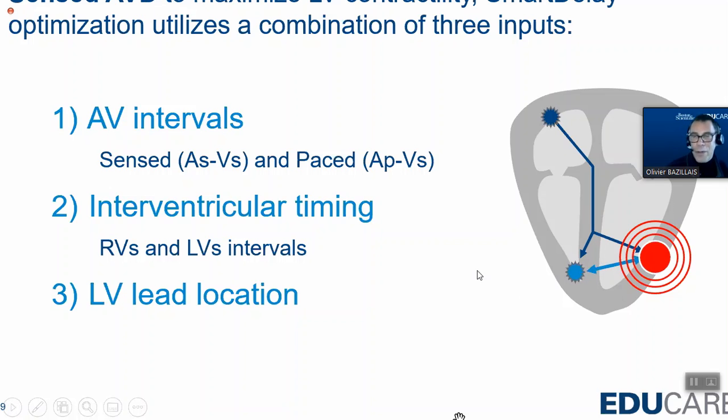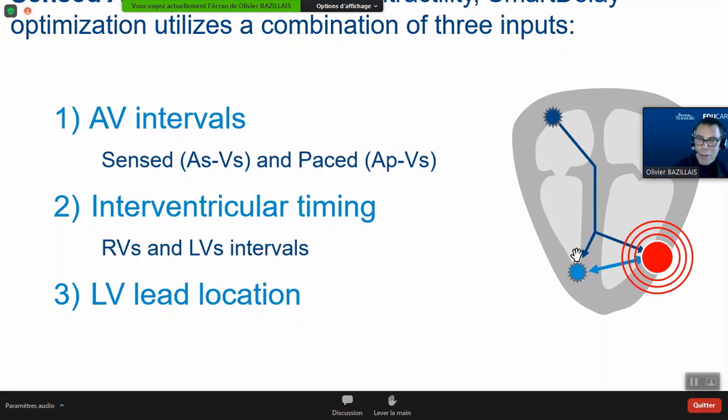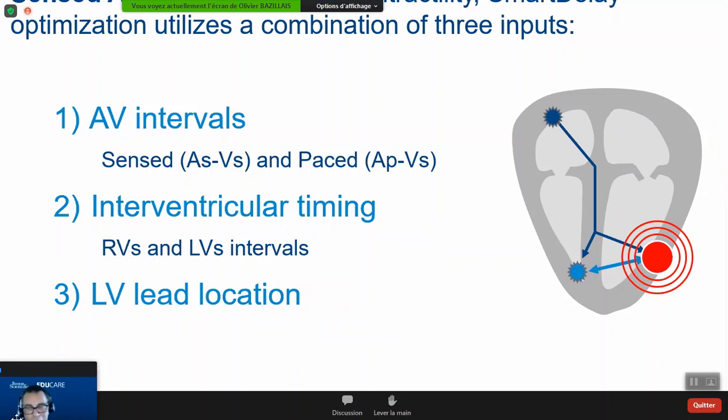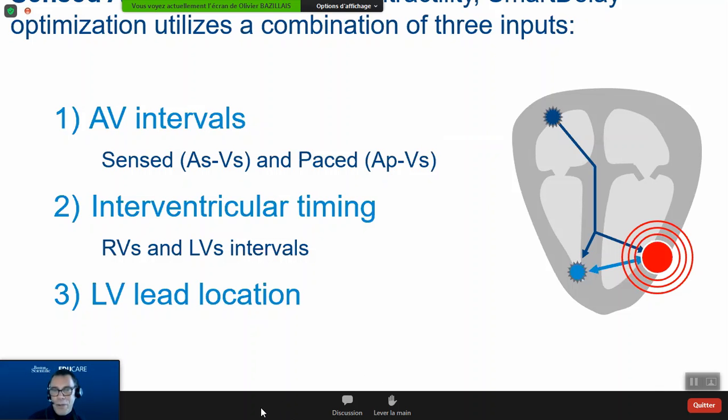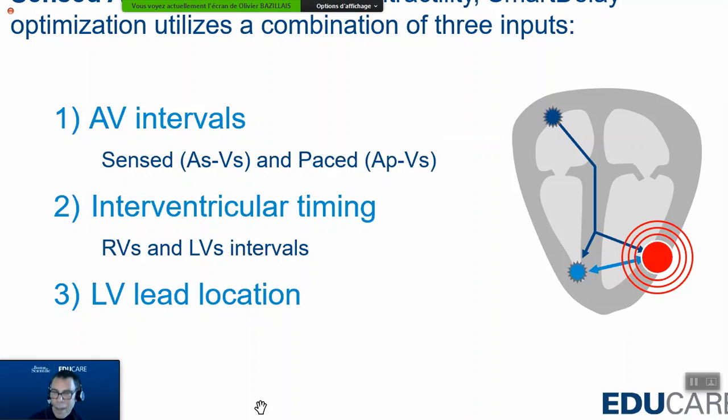You also need to enter in the device where the LV lead is implanted, meaning if it's a lateral or posterior or anterior area. All this information will be used to suggest the optimal AV delay, promoting the fusion between the spontaneous right ventricular activation and the paced left ventricular activation.